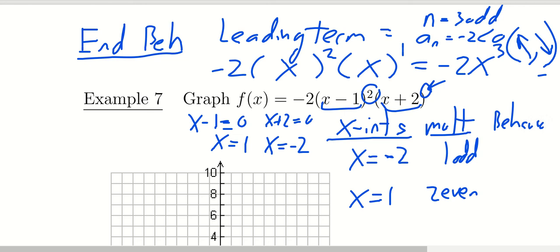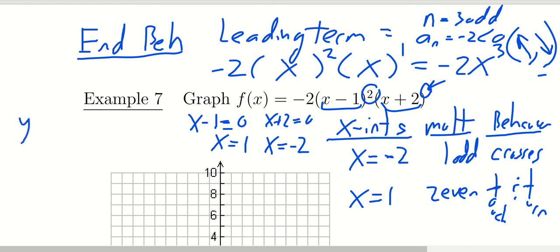We can now talk about the behavior at that x-intercept. If it's odd, that means it's going to cross through the x-axis. And if it's even, I'm just going to abbreviate it t and t, that means that it's going to touch and turn. So that one's going to touch and turn around. We also can get the y-intercept from this.